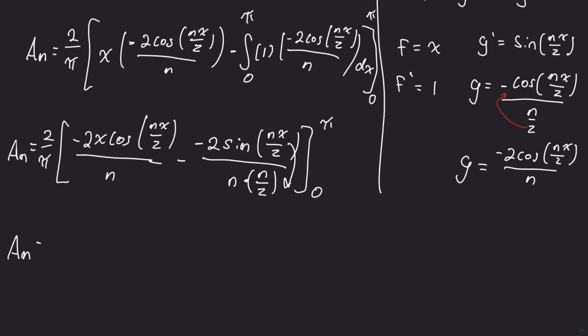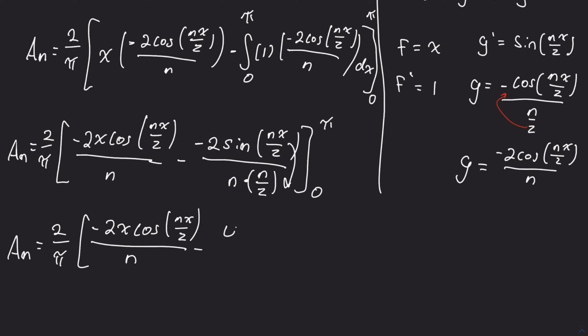So a sub n equals 2 over pi times negative 2x cosine nx over 2 over n minus 4 sine of nx over 2 over n squared, once again evaluated from 0 to pi.